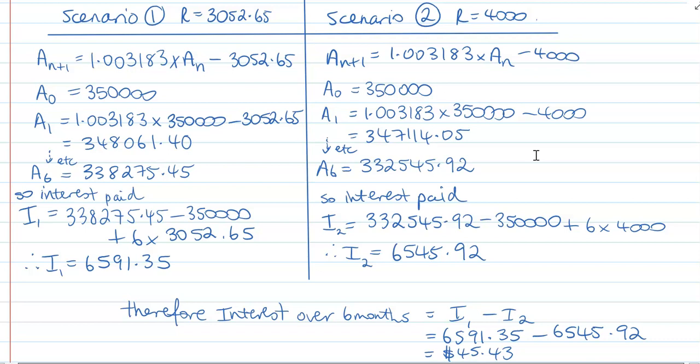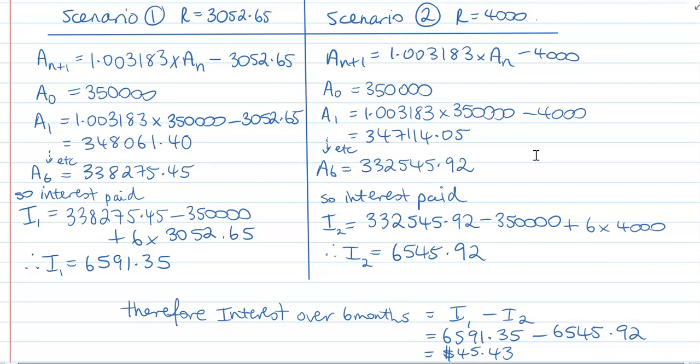That's not very practical for questions where you're required to demonstrate the calculations by hand. So in the next video, we're going to look at how we can use technology to investigate those longer period reducing balance loans.